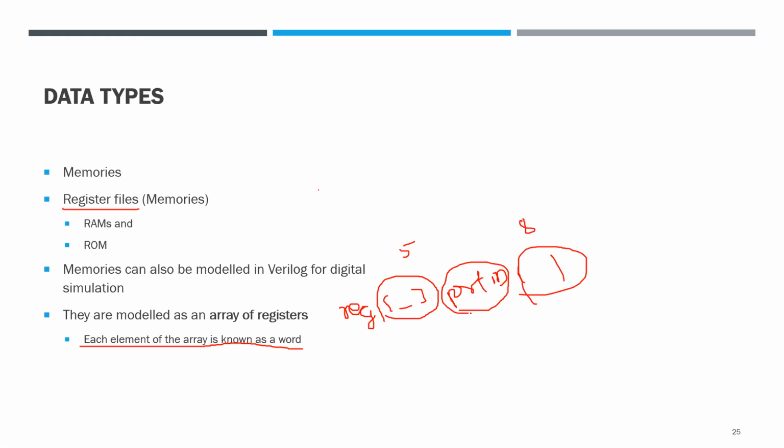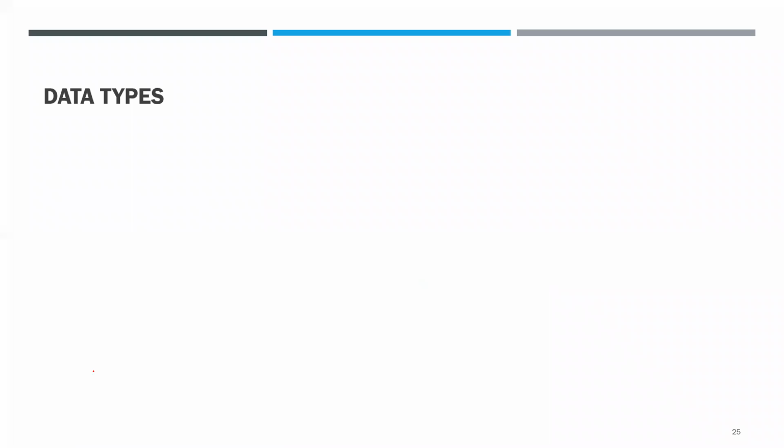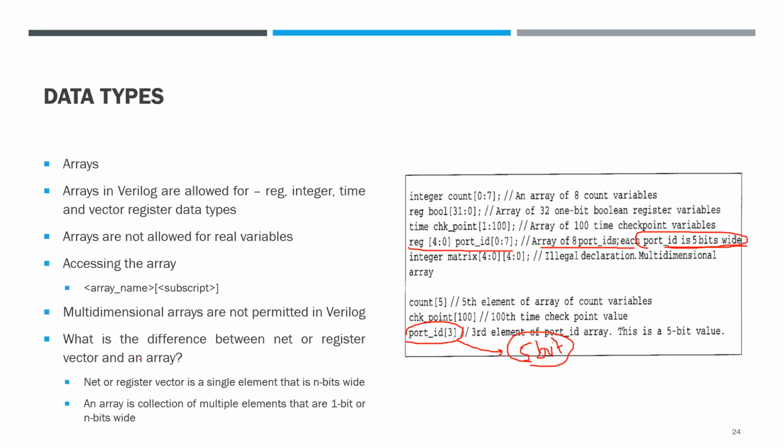So there are 8 words present in this example. Each element is specified as a word. This is the case we discussed in the previous slide. So we have a total of 8 words in this case, which are of length 5 bits.